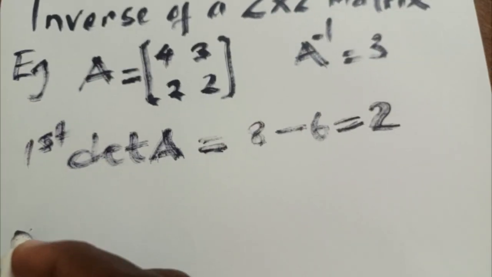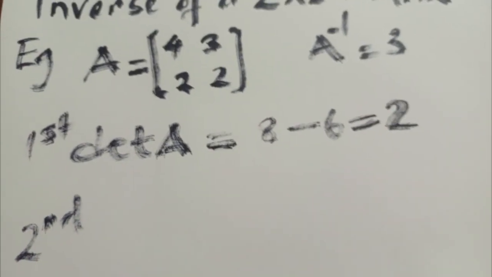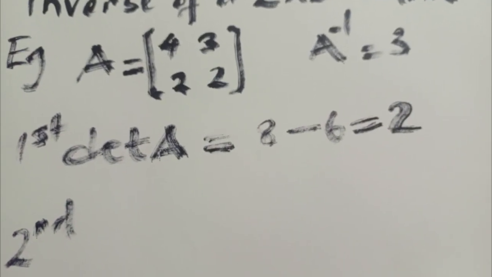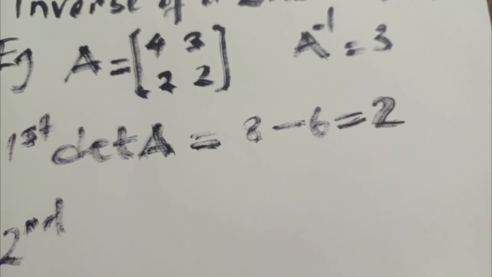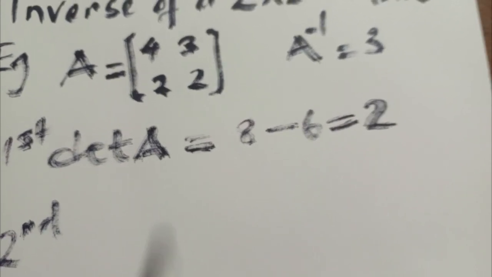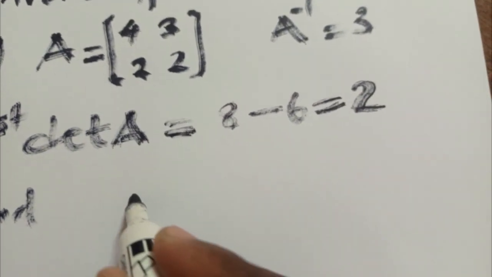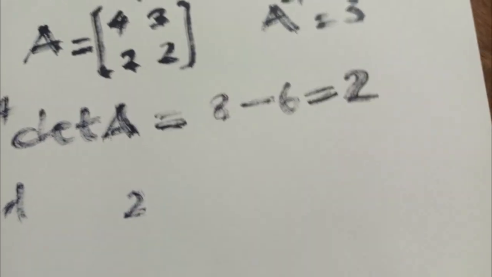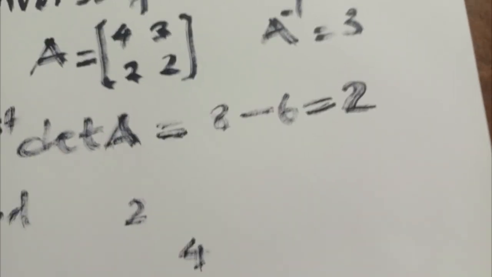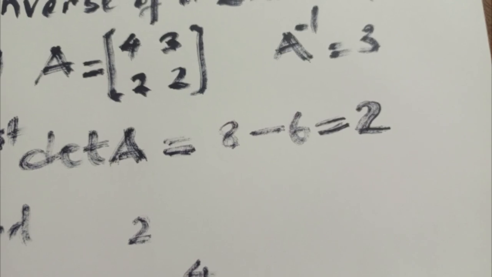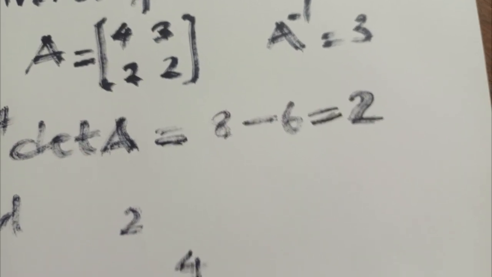And then the second step is we interchange the positions of the elements in the leading diagonal. So in the leading diagonal, we have 4 and 2. So we interchange them. Where there's 4, we have our 2, and where there's 2, we have our 4. And then we reverse the signs of the elements in the other diagonal.